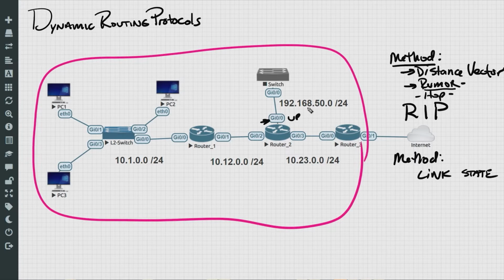It's currently connected, up and active. It also knows that it's connected to the 10.12.0 network. That's another link where it has a network interface card, and that interface is up. And it's also connected off gig 0/3 to the 10.23.0 network.